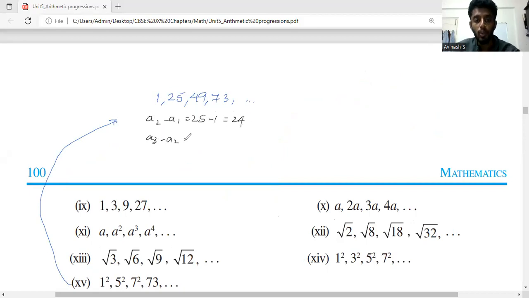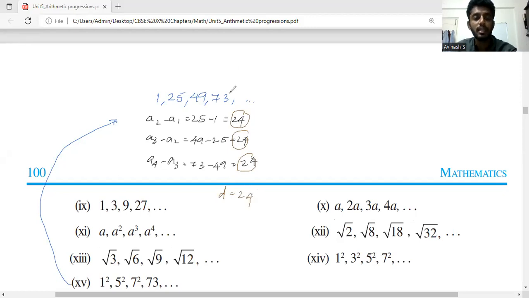A3 minus A2 will be 49 minus 25, which will also be 24. A4 minus A3 will be 73 minus 49, which will also be 24. Here the common difference is the same. So we can conclude by writing it as an AP with the common difference 24.